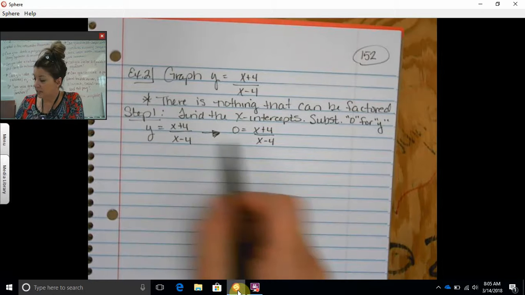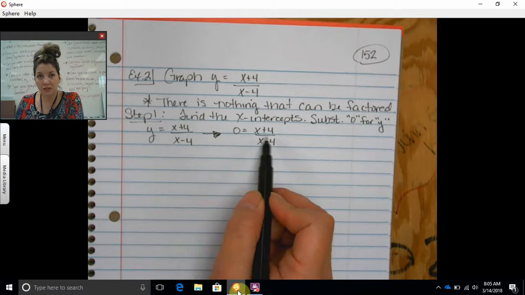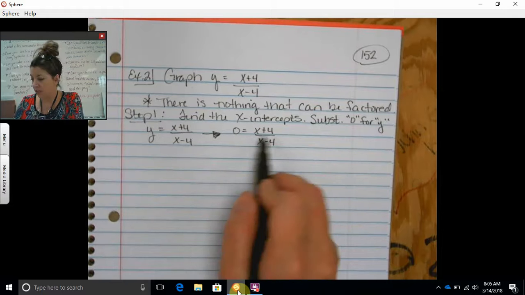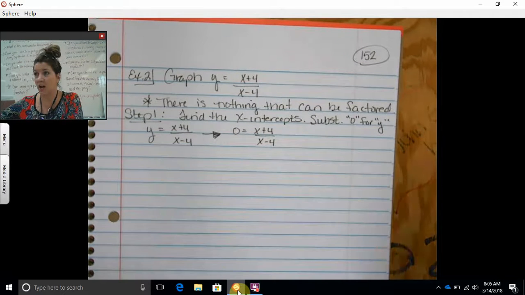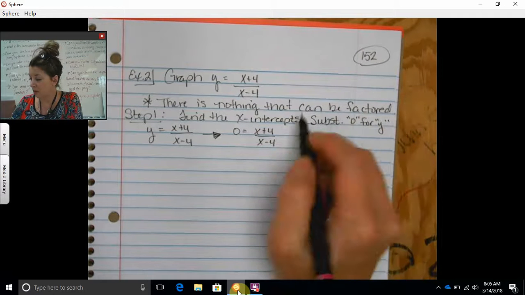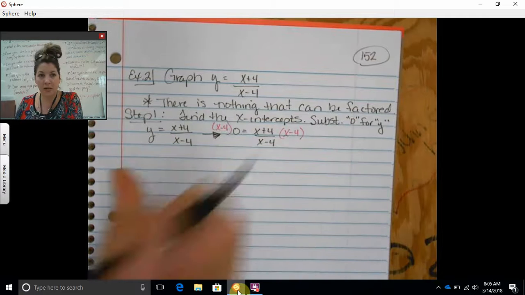So that's what I did over here in this step. Where I saw y, I substituted in a 0. This is a rational function because we have a fraction and there's a variable in the denominator. To solve those, you want to multiply every term by the least common denominator. So what is my least common denominator? x minus 4. So I'll multiply both terms by x minus 4.